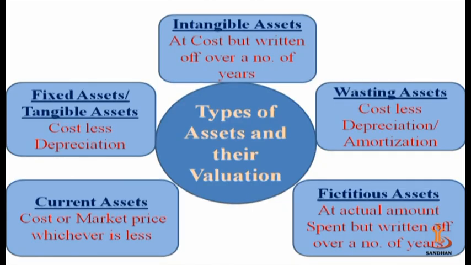First, fixed assets or tangible assets. The tangible assets are shown in a balance sheet at cost less depreciation, or we can say that at historical cost. So here the question comes regarding calculation of the correct depreciation, because the tangible assets like land and building, especially building, because we generally see that the land is appreciated, it is not depreciated.